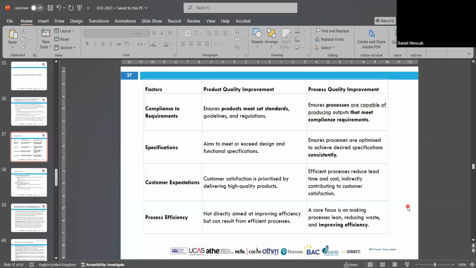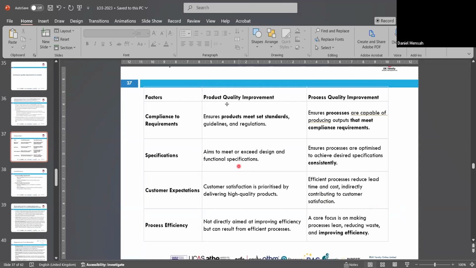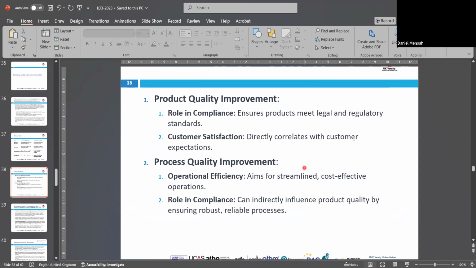They can use lean, reducing waste techniques there. So this is the main difference between both of them. The names explain themselves: product quality focuses on the product, its standard and quality; process quality focuses on the consistency and efficiency of the processes.